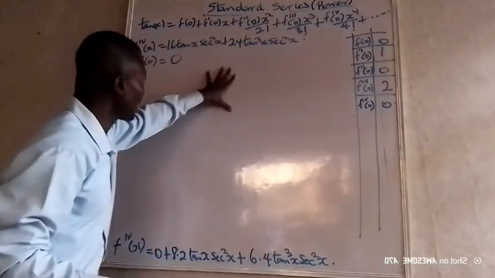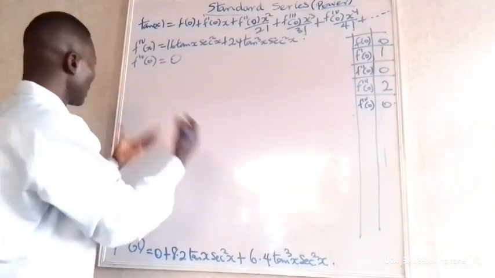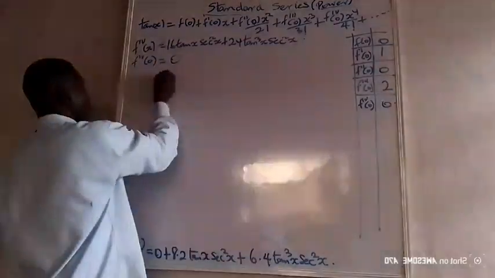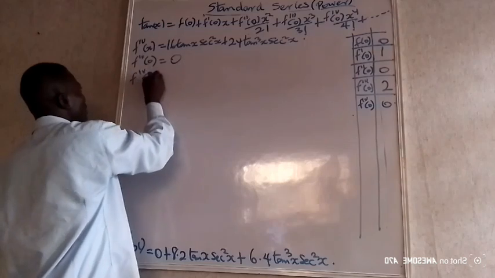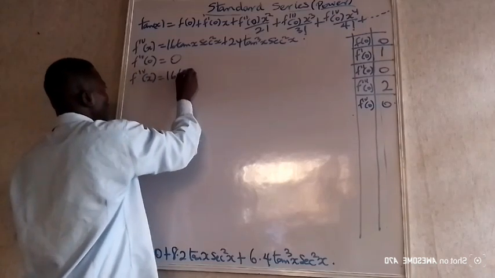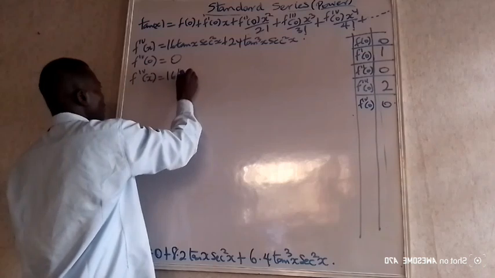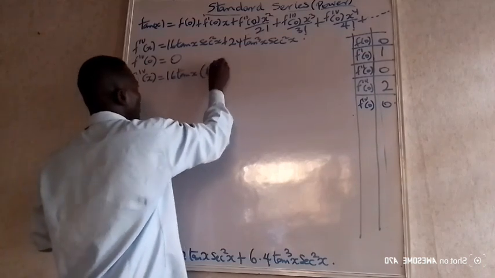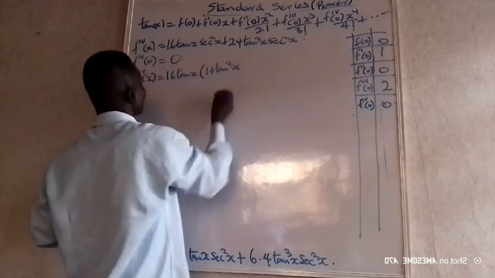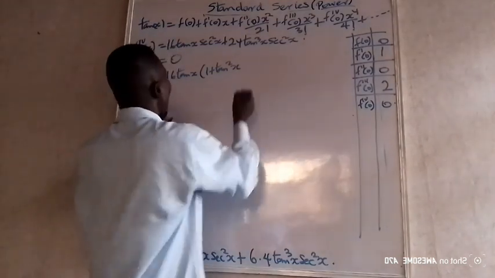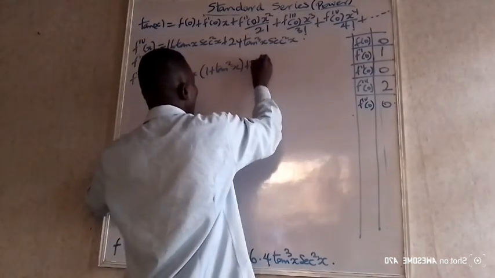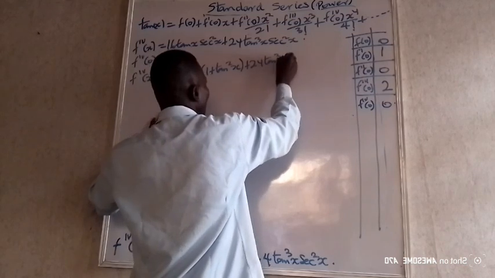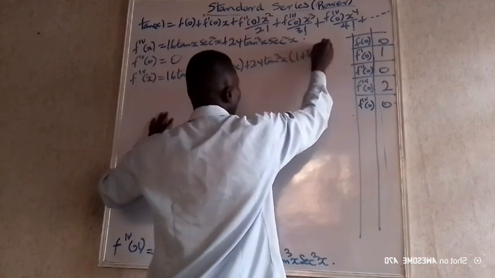Now, I can still expand this so that it will be easy for me to get the fifth derivative. So f4(x) will be 16 tan x into (1 plus tan squared x), plus 24 tan cubed x into (1 plus tan squared x).